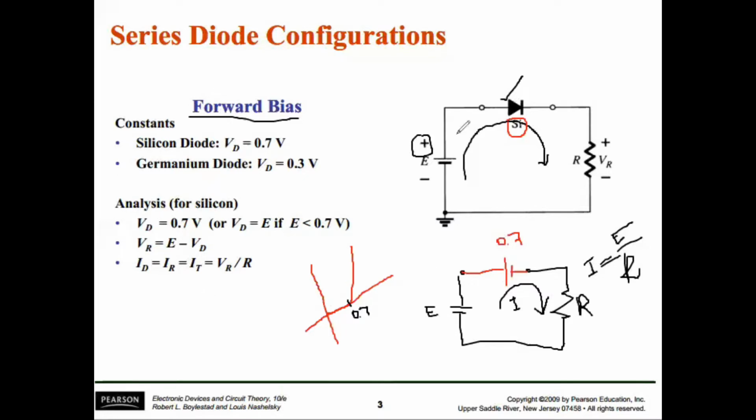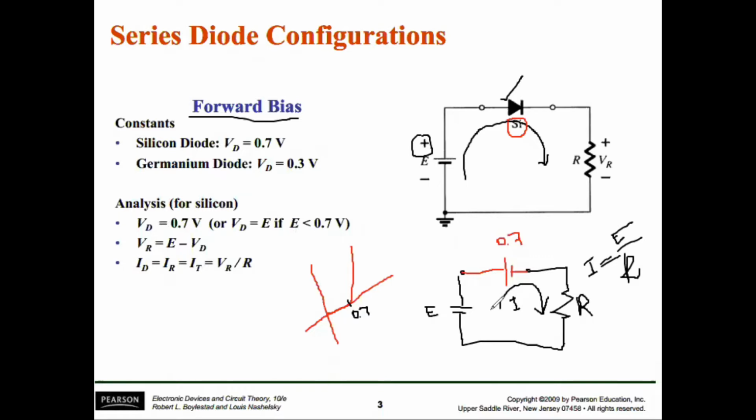For the analysis purpose, the VD is now considered 0.7 volts.